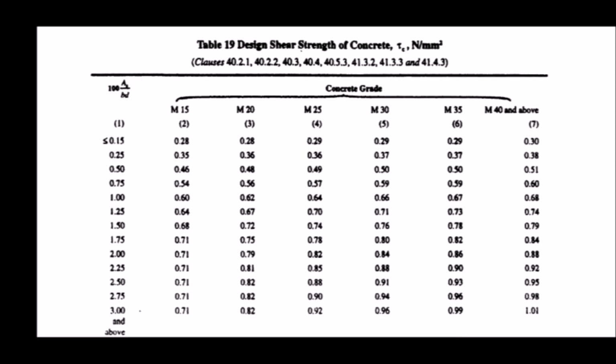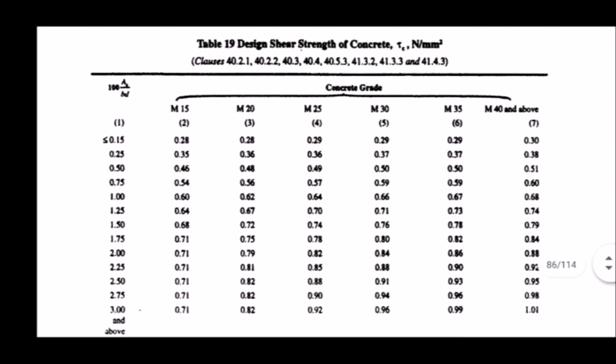So 0.8 definitely lies between these two values, and like the modification factor we have to interpolate to find the value of tau c for 0.8% of steel and M25 concrete.